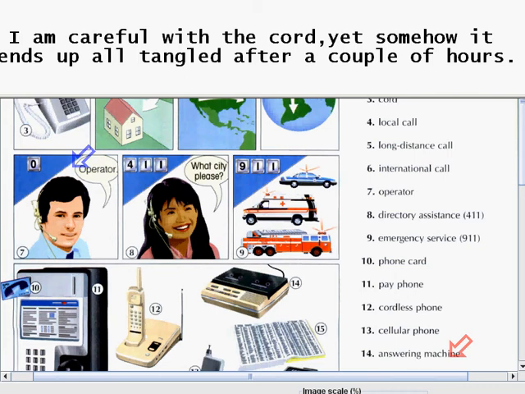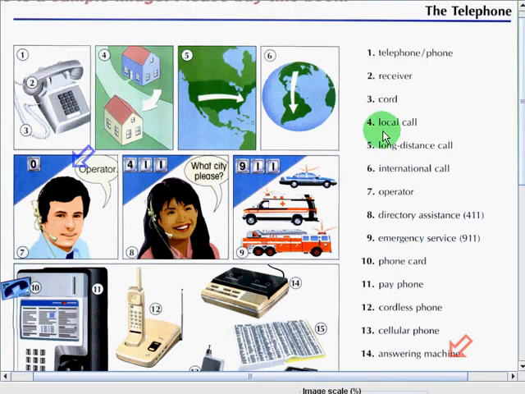There you go. Now we go to number 4, local call. Do you know what local call means? I think we always make what you call the local call. Local call is a telephone call to a place that is near.